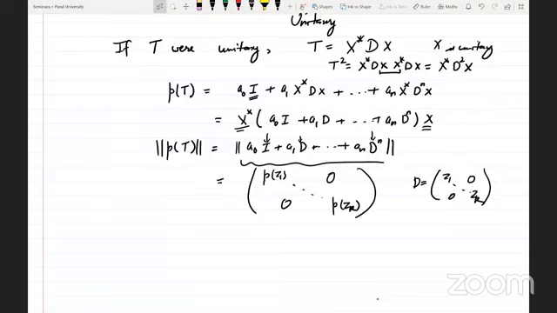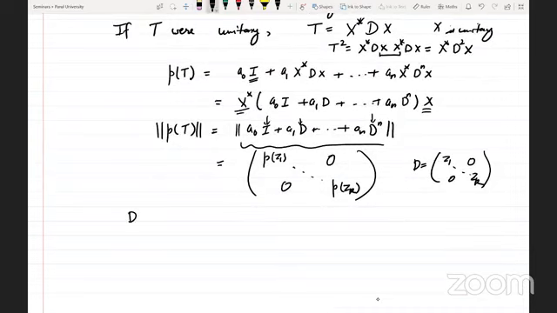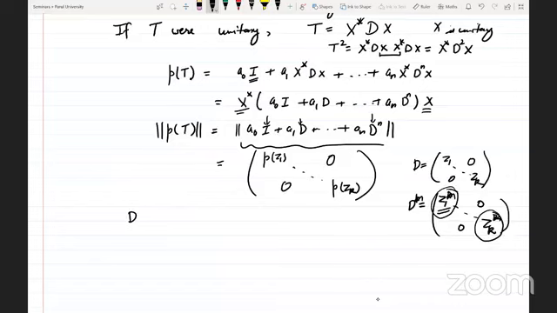This one can see, because if your D is this, and you look at D square, you just try the product, you will get this. So D raised to K will be this, D raised to M will be this, and so what is happening is, if you are applying a polynomial to D, your polynomial basically appears here.